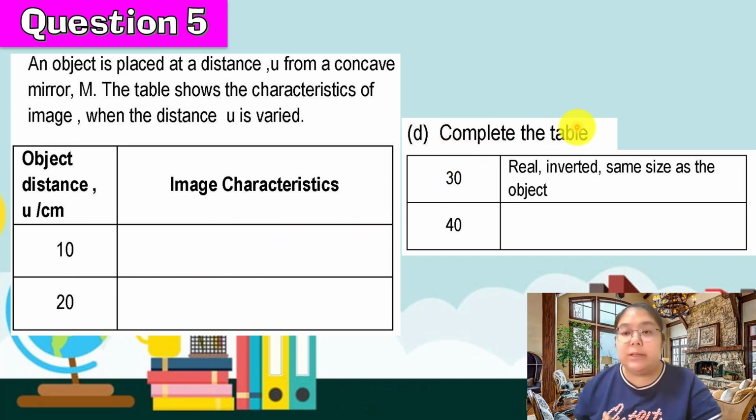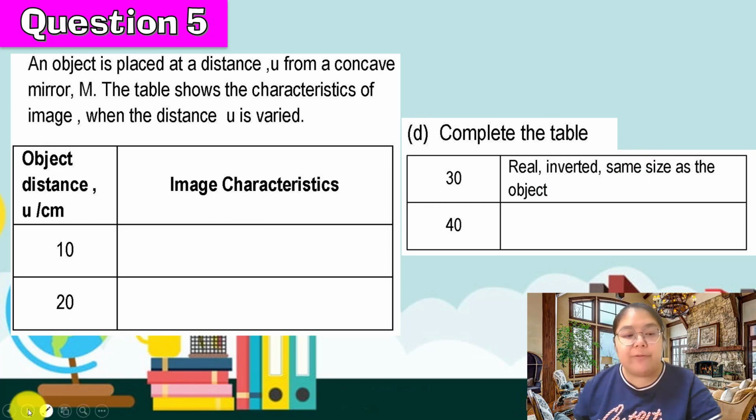So you need to complete the table. From here, we get one hint from 30 cm. When the object is at 30 cm, the characteristic is real, inverted, same size. Same size is a hint to relate back to the location of the object.